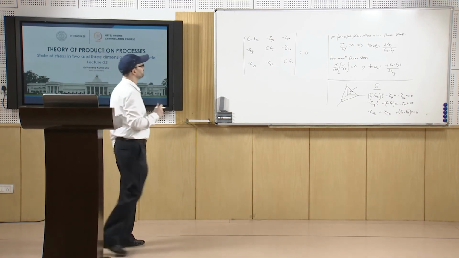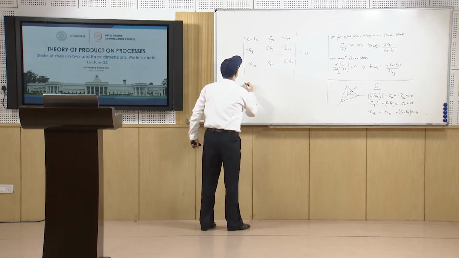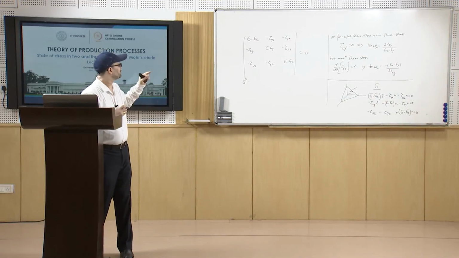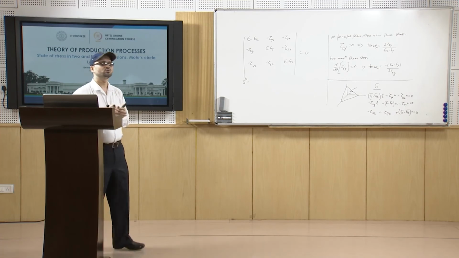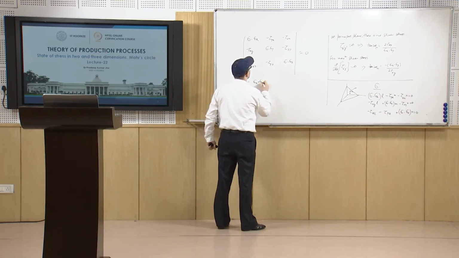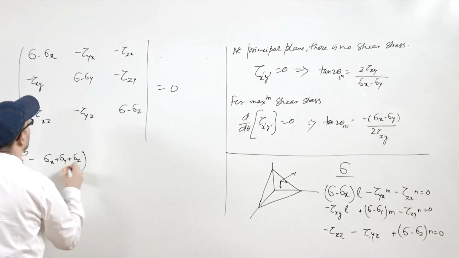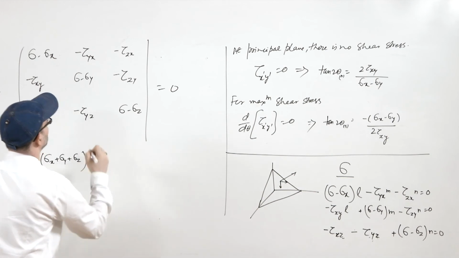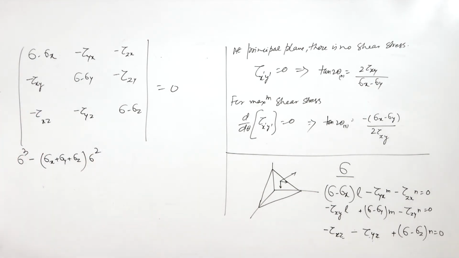What you get is, once you expand this, sigma cube minus (sigma x plus sigma y plus sigma z) into sigma square. That is the second term.